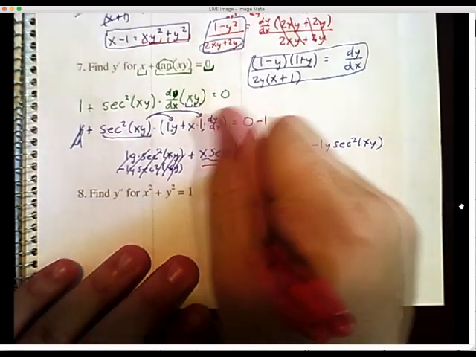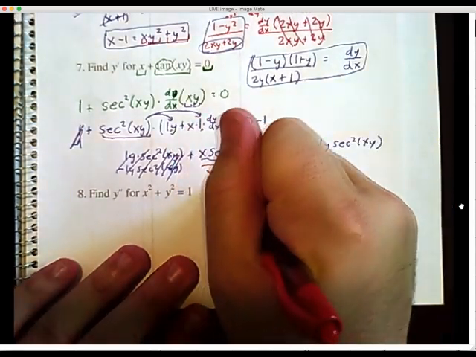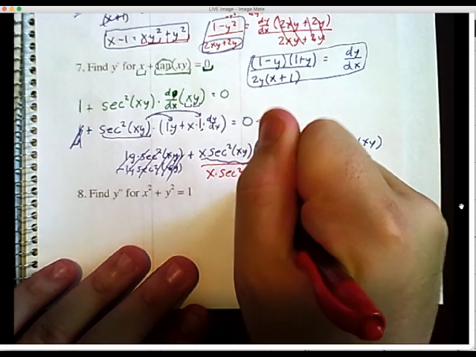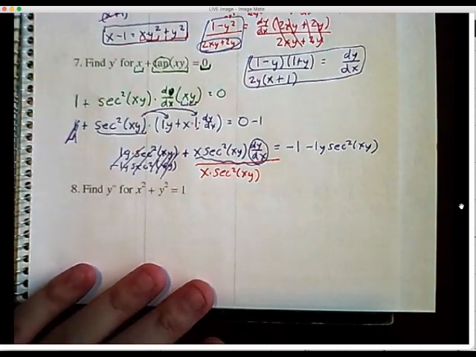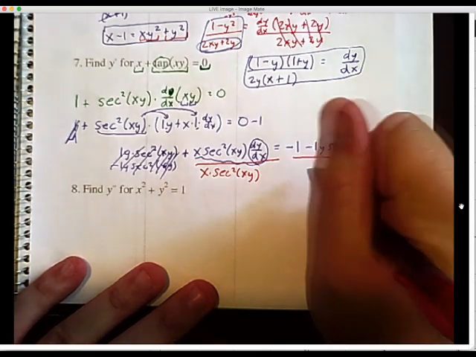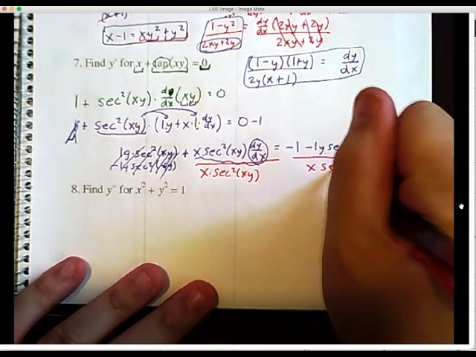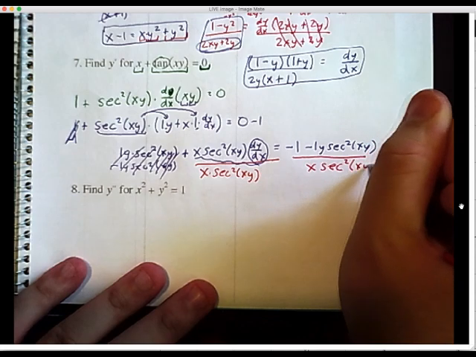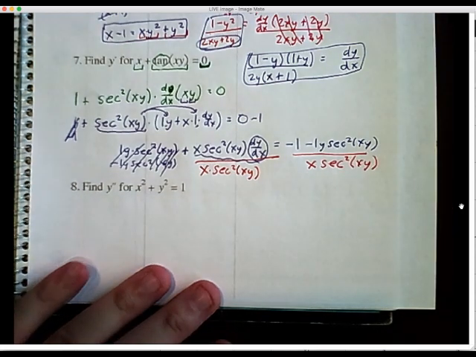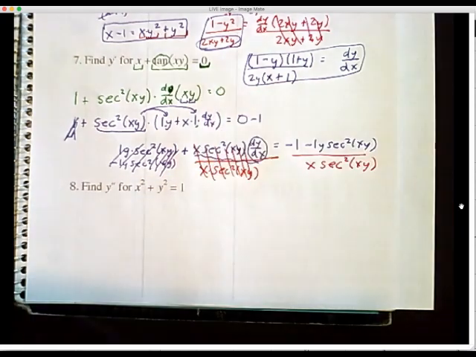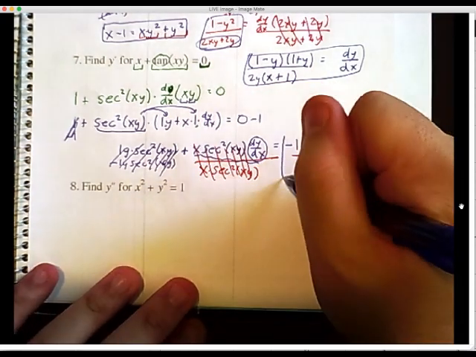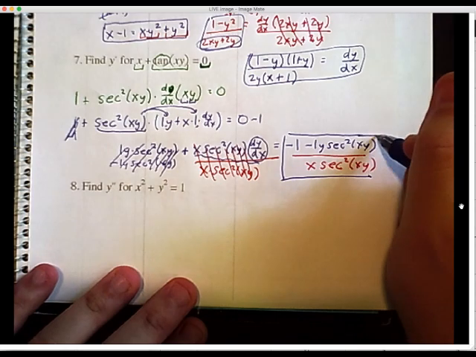Let's now divide both sides by x times the secant squared of xy. And that gets those to divide and cancel out to 1. And here is the answer to my derivative.